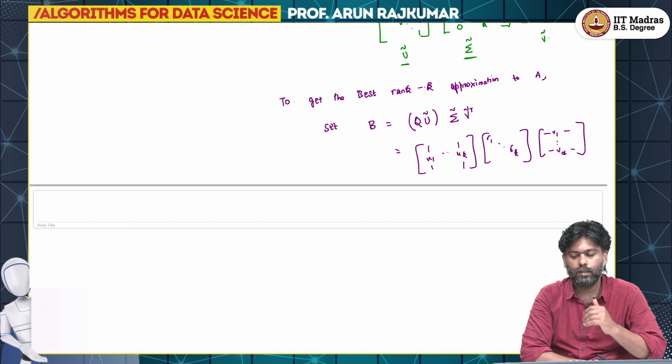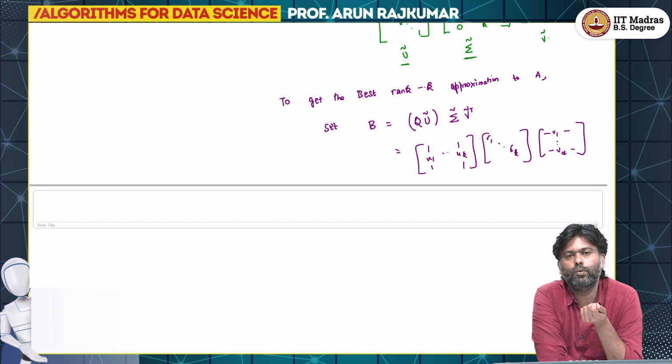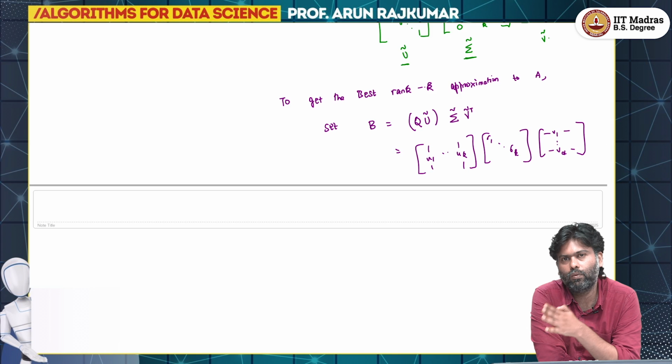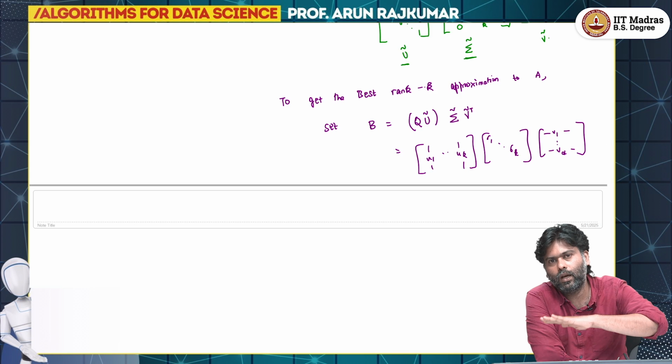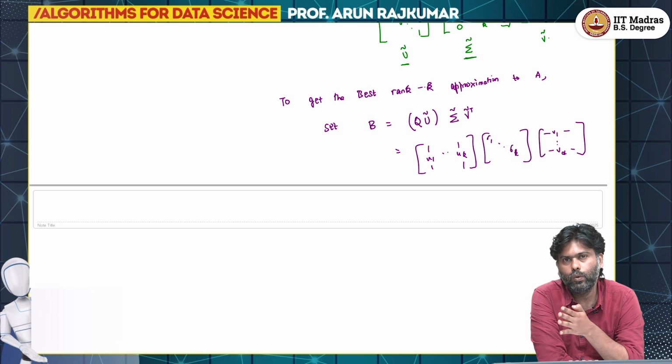So, what we have done is we have managed to do the following. We wanted the best rank K approximation to a given matrix A. The naive way to do that would take us m d squared time. Now, what we said is, if we knew the top K singular vectors U1 to UK, then we can project our data to the U1 to UK subspace and do an SVD in this lower dimensional space, which is a K cross D matrix.